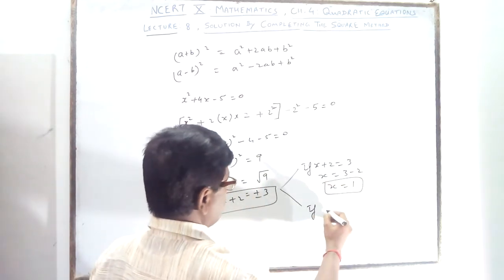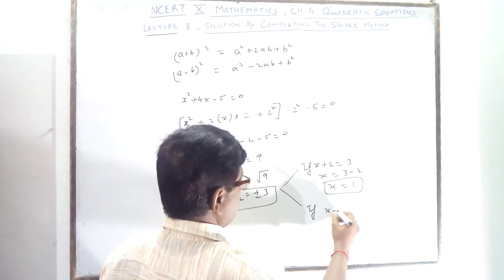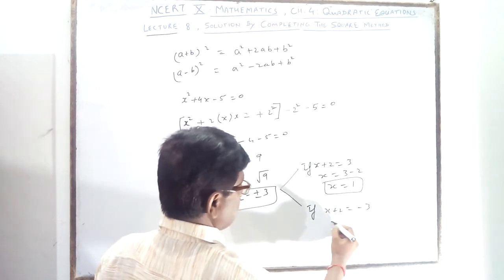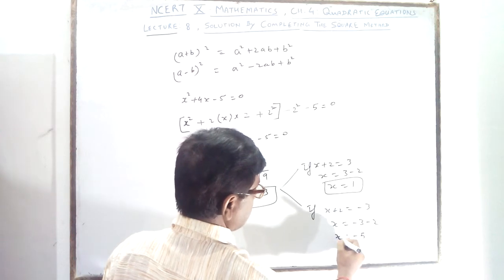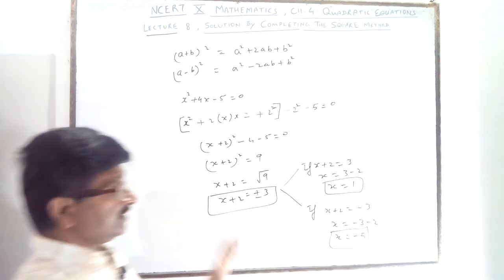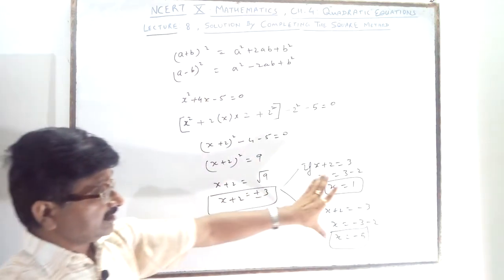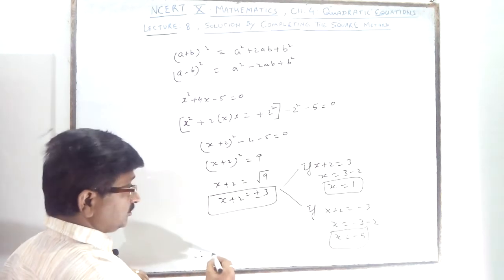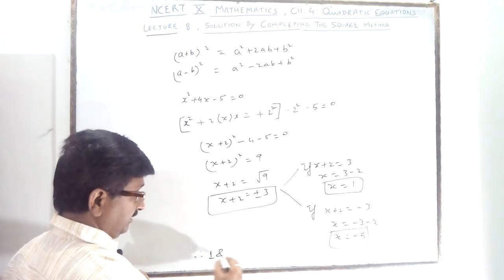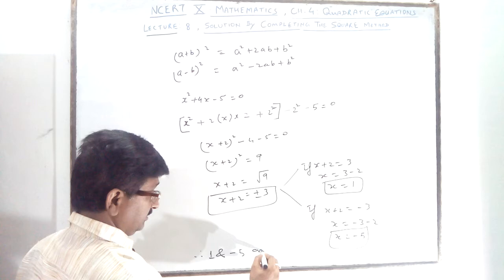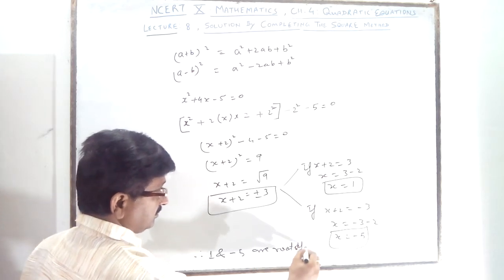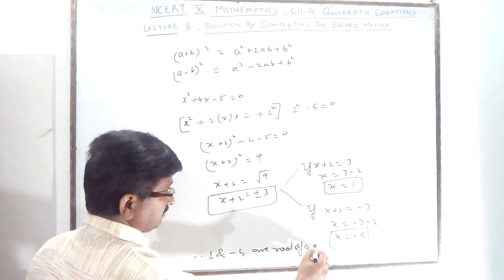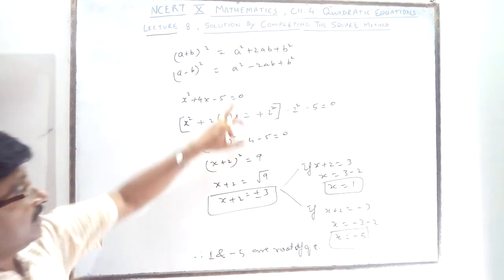If x plus 2 equals minus 3, then x equals minus 3 minus 2, which is minus 5. So for any quadratic equation, you will get two solutions. Therefore, two zeros are there. 1 and minus 5 are the roots of the quadratic equation. This you are getting.